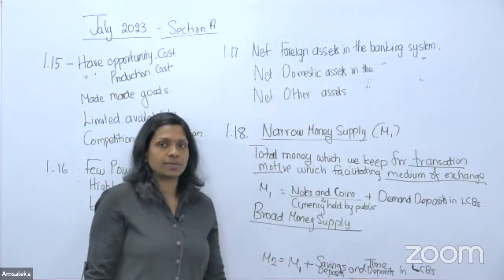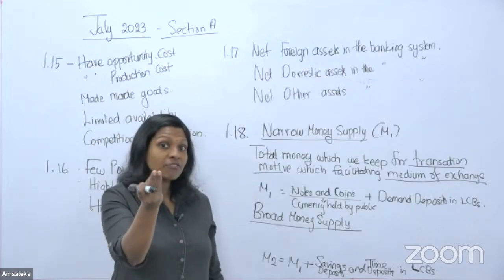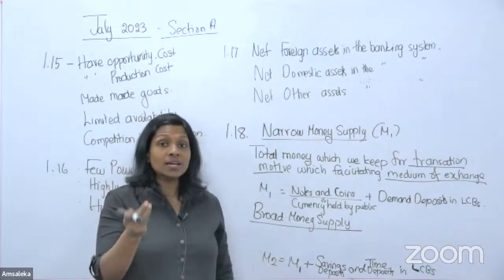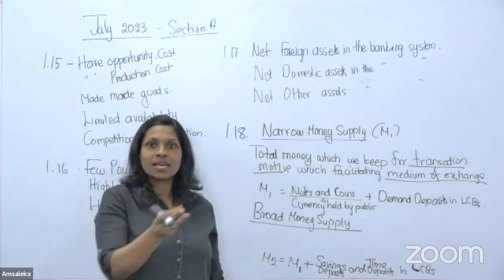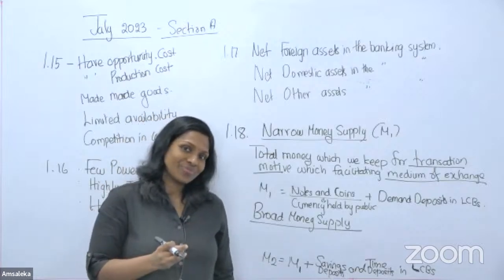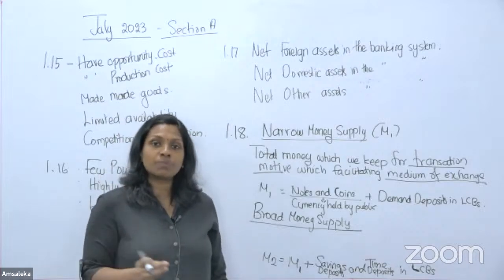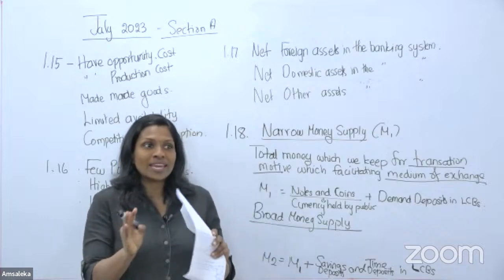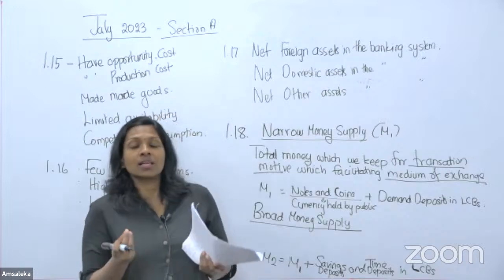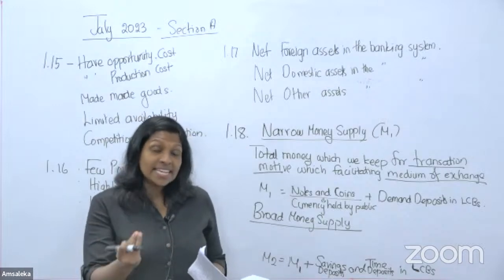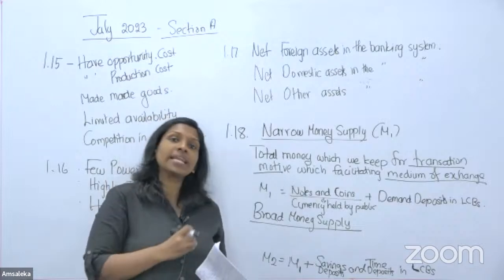This is for what purpose? Store of value, that's another function of money, and it's for emergency cases. That's why we keep savings here and there. Precautionary. There are three motives: one is transaction, another precautionary, another speculative. So we keep some money for emergencies. Anything emergency comes, so it helps the function of money as store of value. You save money.